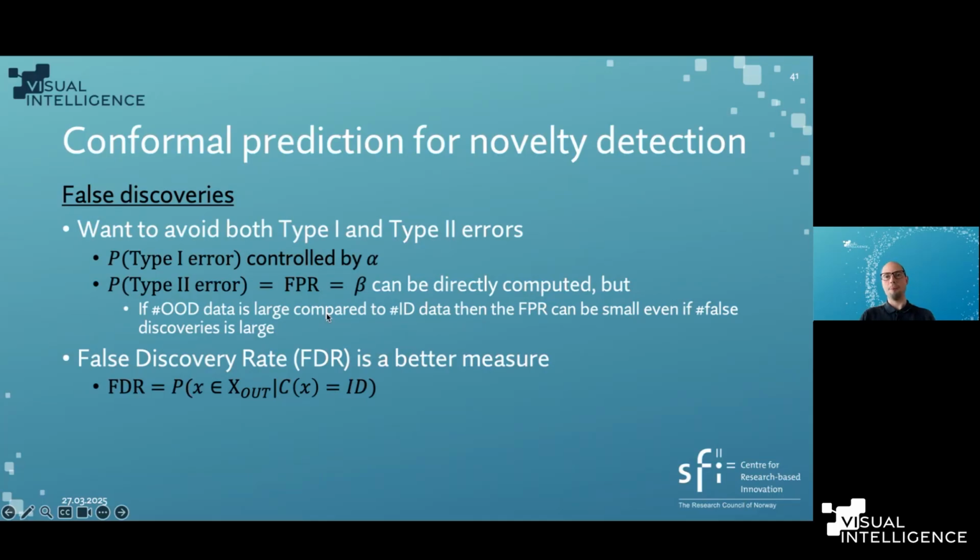Therefore, we instead use the false discovery rate as a measure of the quality of the prediction sets, which is the estimated fraction of out-of-distribution data in your generated prediction sets.